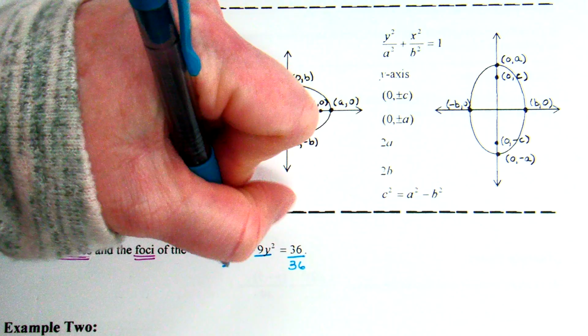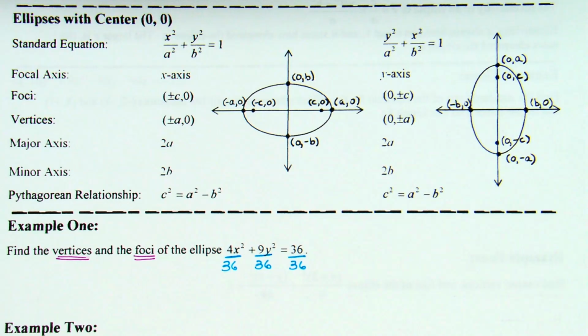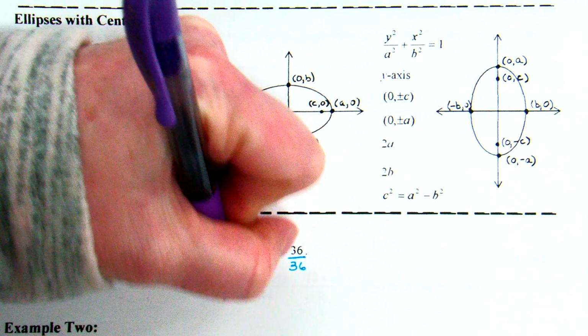What do you know about 4x squared over 36? What do you know about 4 36ths? 1/9. So what is 4x squared over 36? I'm going to write it as x squared over 9.